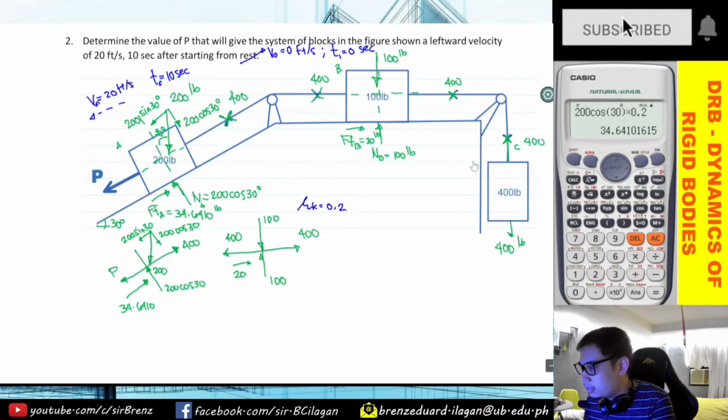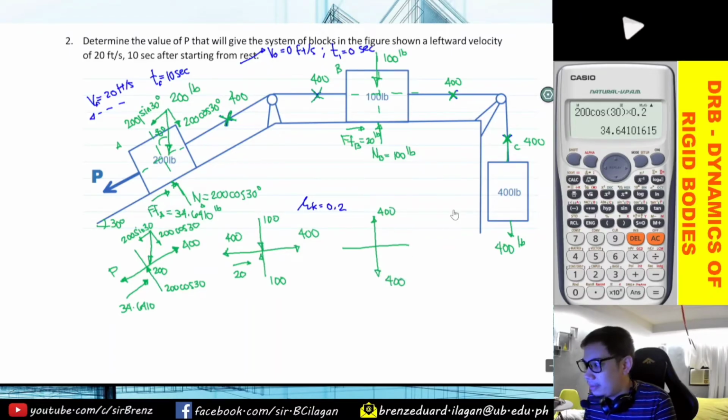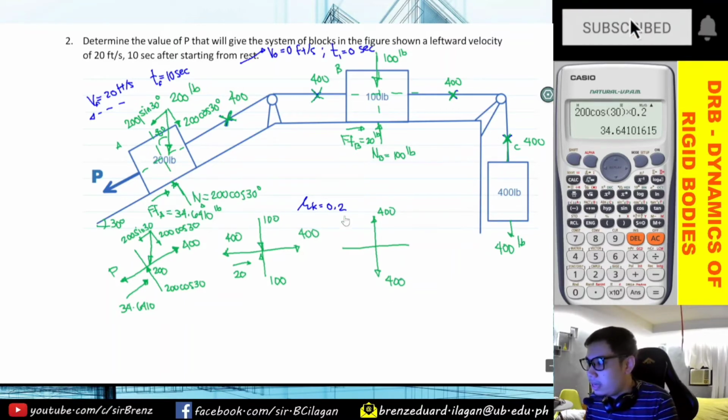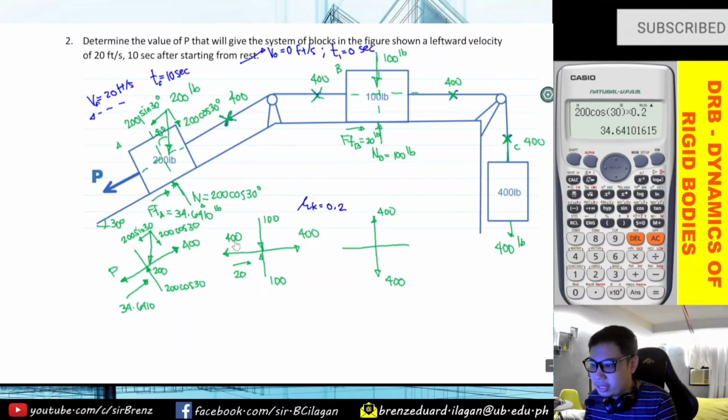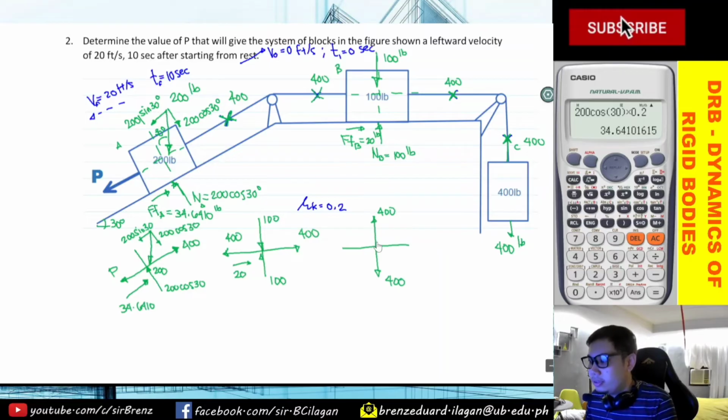And isunod na rin natin yung block C. So ano meron dito? You have here the tension in cable C, which is 400. You have here the weight of 400. So cancel lang din dito. So both in block B and block C, yung 400 tension in the cable will be disregarded since ma-cancel out din siya kasi you have a 400 upward, you have a 400 downward.